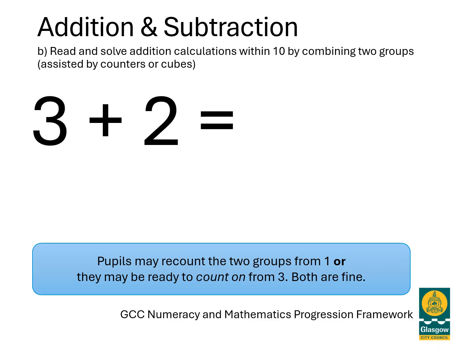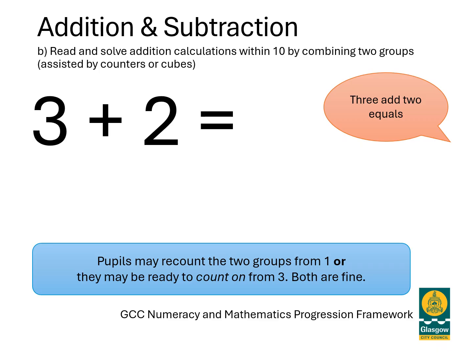We've introduced this symbol and it means add, and add means and. They recognize a number 2 now, and we've got this new sign that we've introduced called equals. So this is what a basic number sentence looks like, and we would want our pupils to be able to say to us 3 add 2 equals.